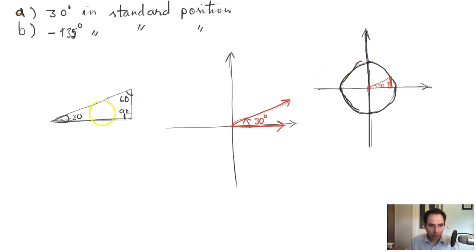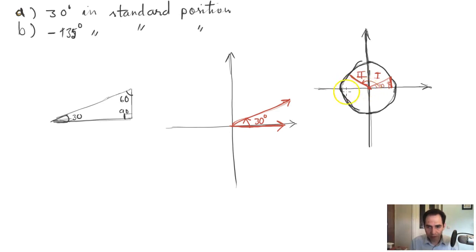So whenever I want to draw these angles, or visualize them in my mind, you need to know in what quadrant your angle happens to be. For example, if you have a 30-degree angle, it falls in the first quadrant. If you have a 135-degree angle, it becomes something like this, and it falls in the second quadrant.